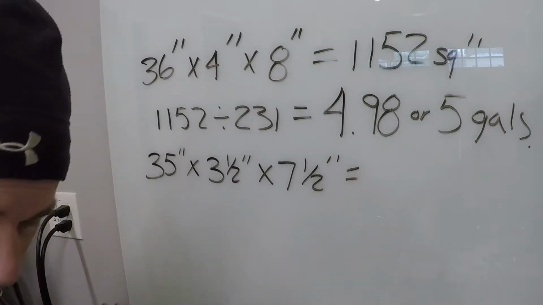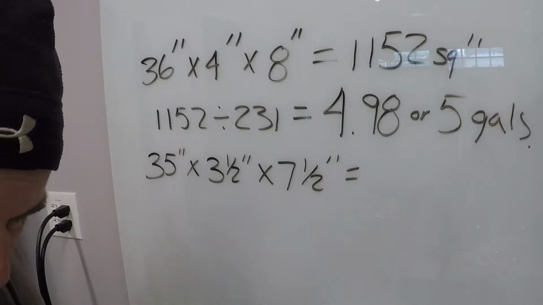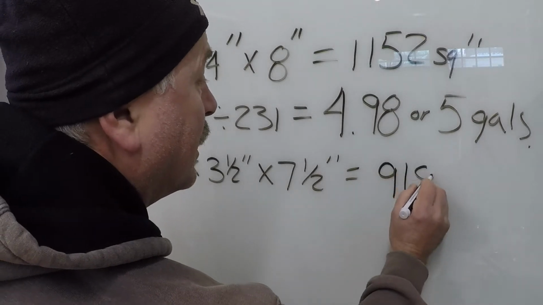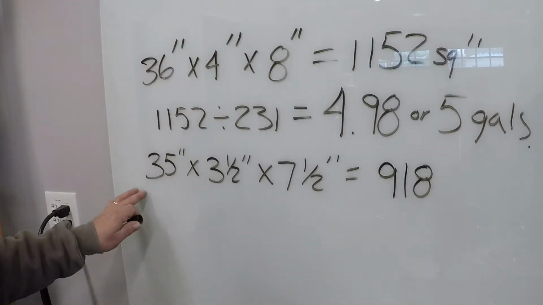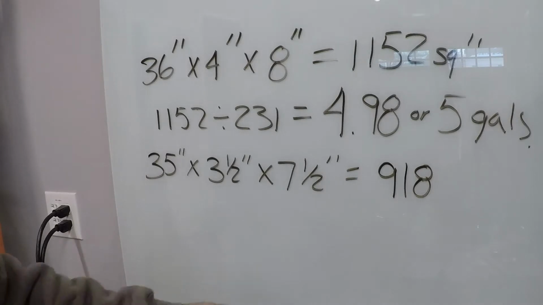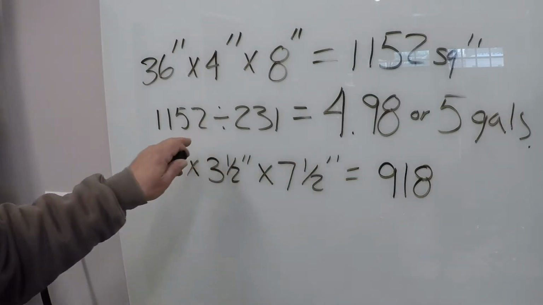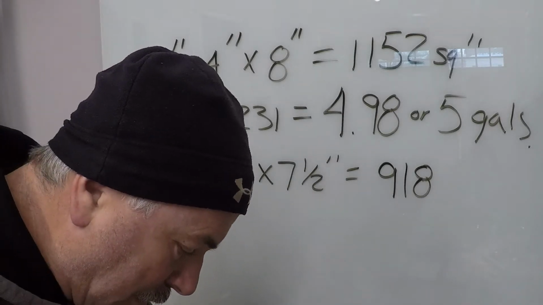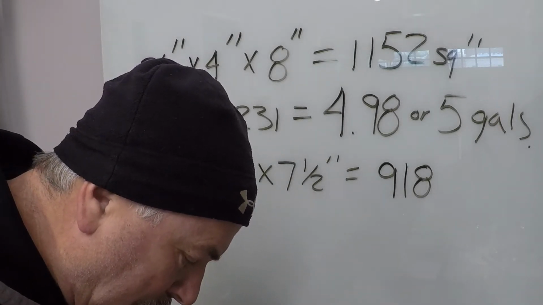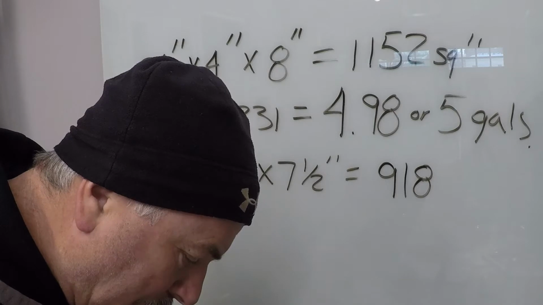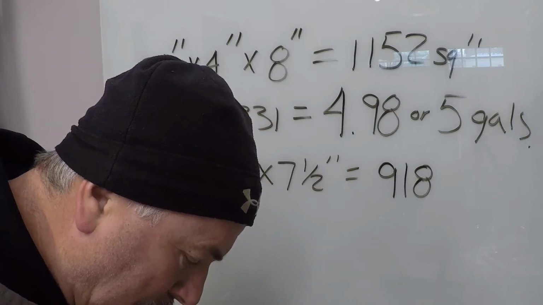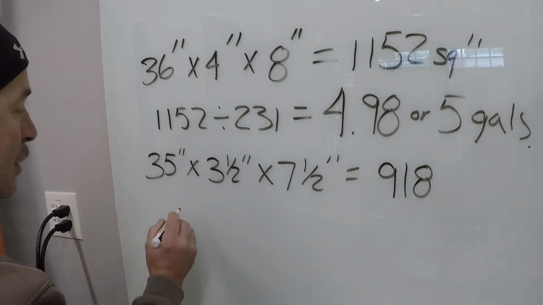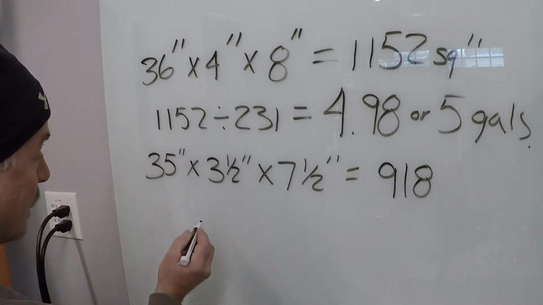And that came out to 918. When I divided 231 into 918, it came out to 3.97.